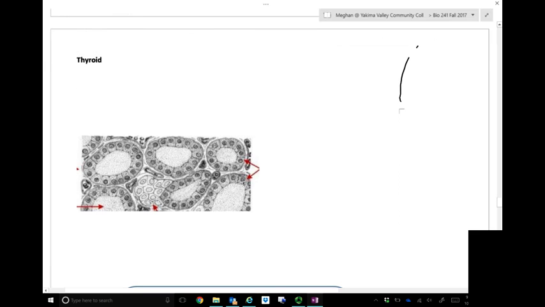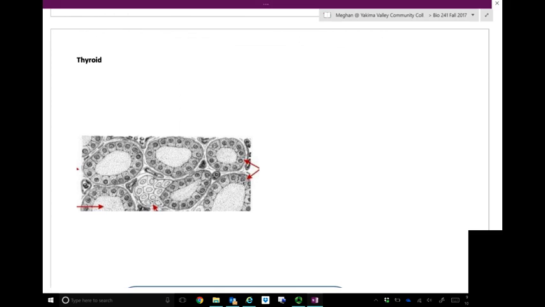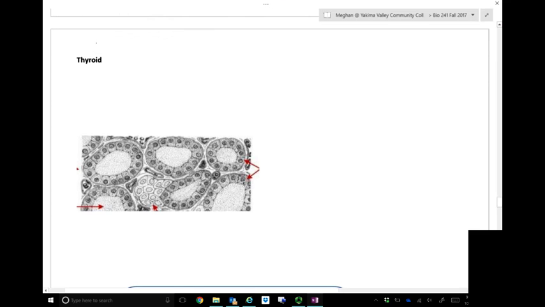Just going to erase my weird line over here. So let's go back to that. We know from looking under the microscope, as we saw already, that right here you have follicular cells, as in cells that make up the follicles.